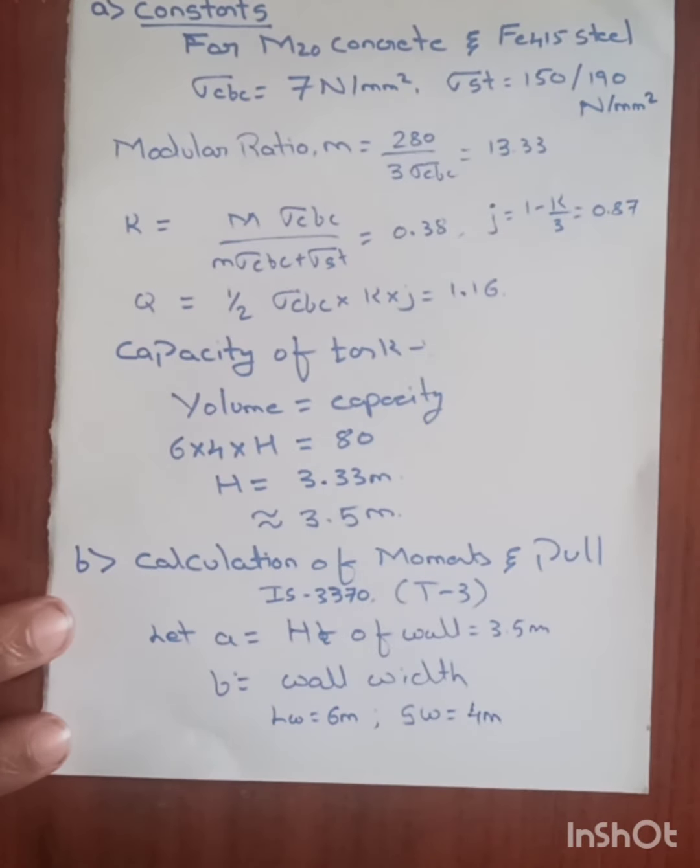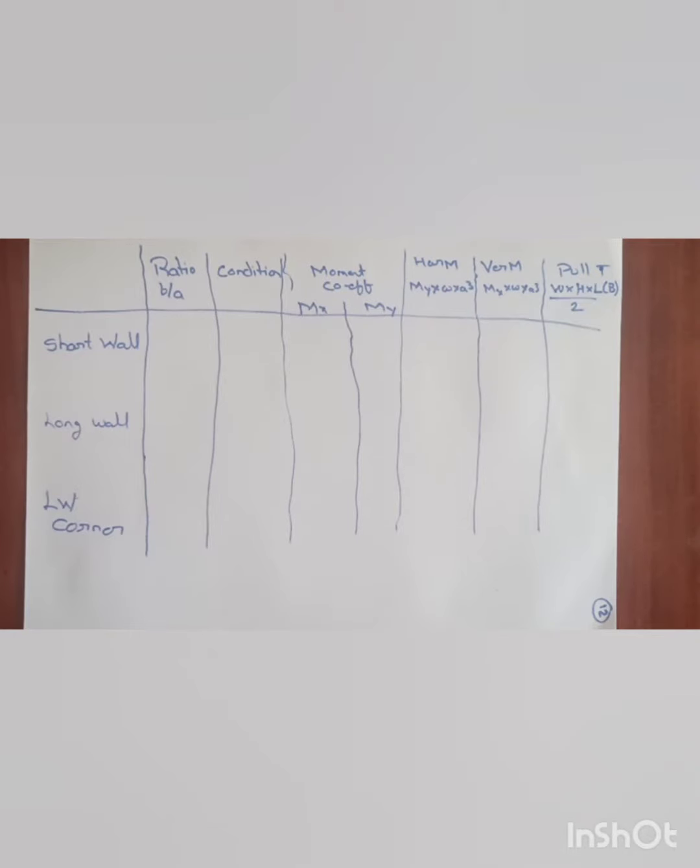Now we need to find the moment, horizontal moment, vertical moment and the pull using IS 3370. We will do it in a tabular form so that we can save time. This table is very important for you to understand, because we will be completing half of the problem in this table.